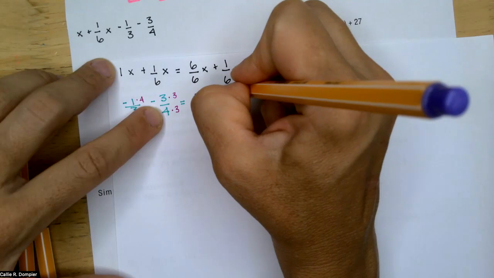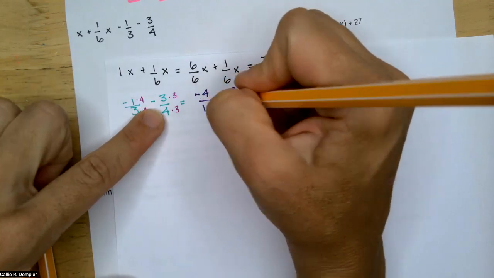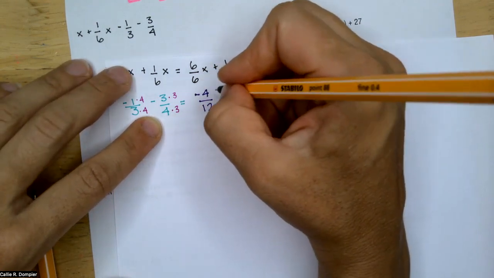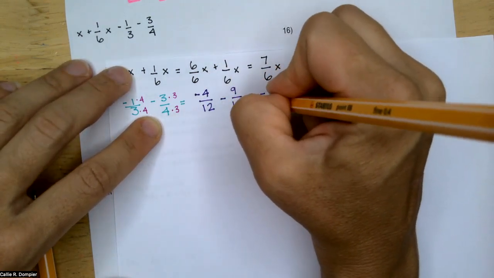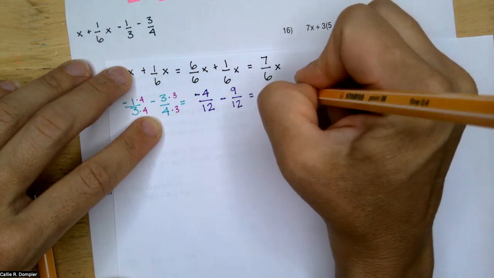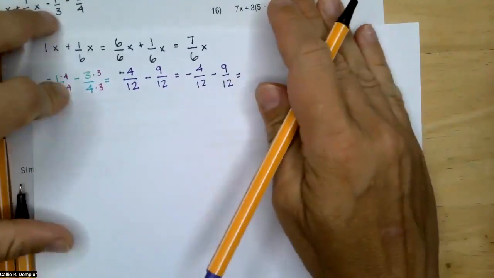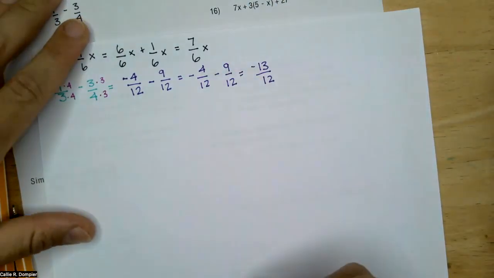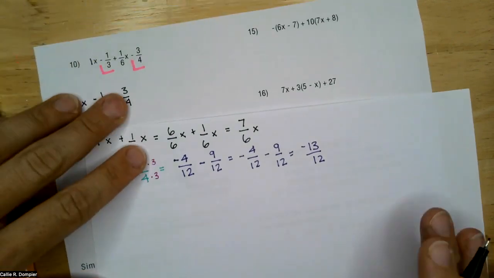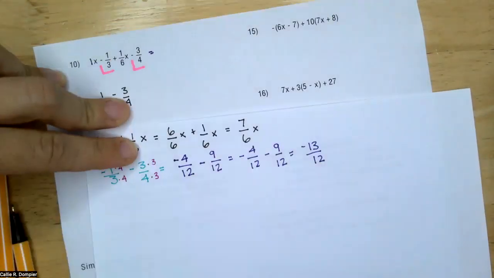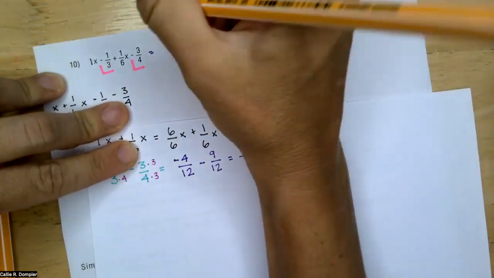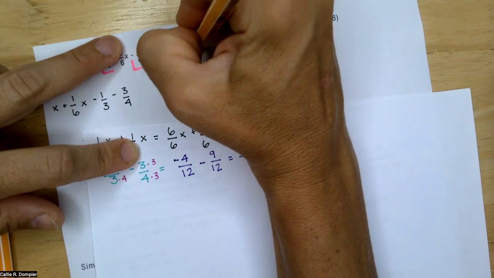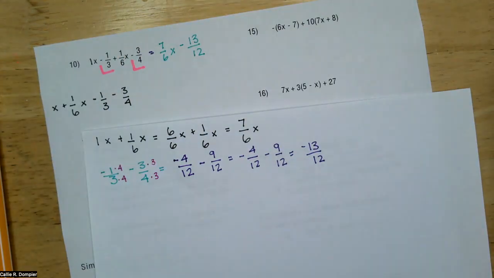Negative 3 times 3 is 9, but that's negatives already accounted for here. And then 4 times 3 is 12. So now we have negative 4/12 minus 9/12. 9 and 4, we're going to combine them and get negative 13/12. Okay. Those together make 7/6x minus 13/12. Okay.